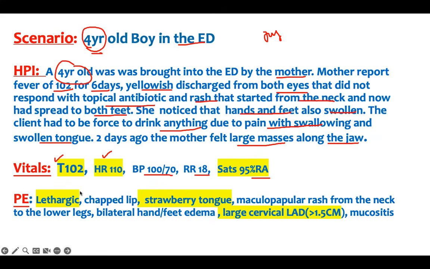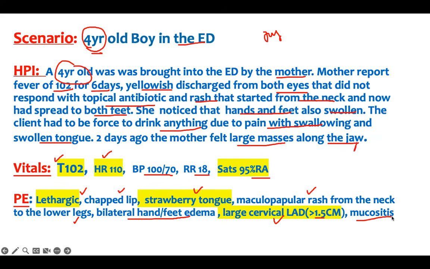Physical exam, I just summarized: the kid is lethargic, with chapped lips, strawberry tongue, and a maculopapular rash from the neck all the way to the lower legs. Both hands and feet are swollen. There's a big lymph node greater than 1.5 centimeters along the cervical region, that's what the mother was describing along the jaw.